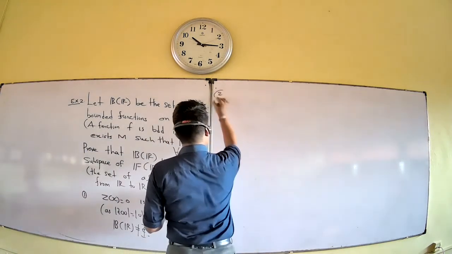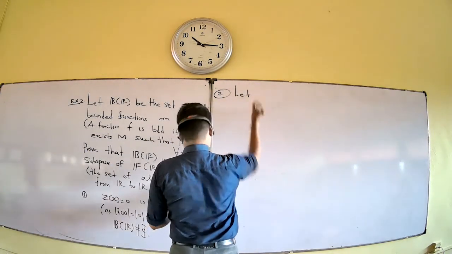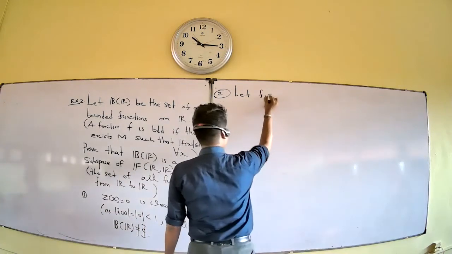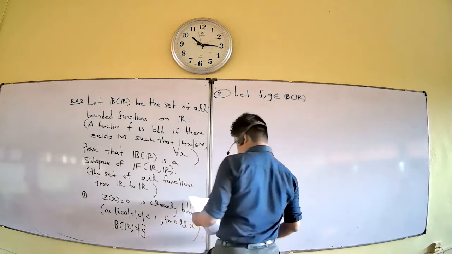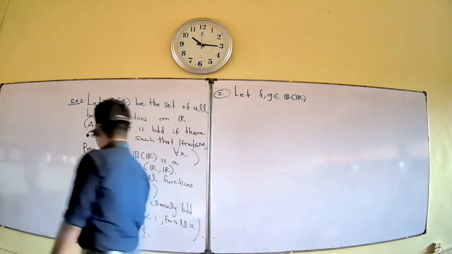Second, you take two functions f, g belonging to B(R), right? So f and g are bounded.